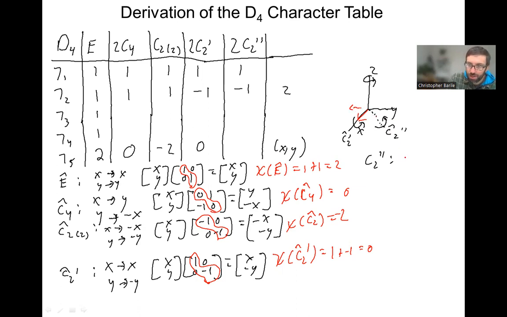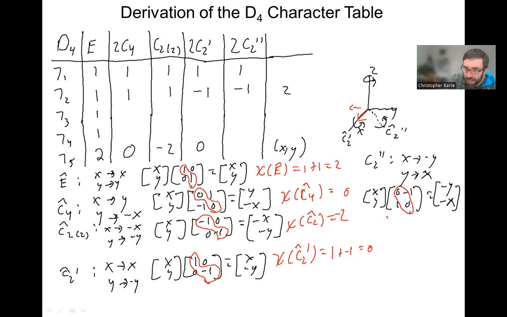So maybe a little harder to visualize that one, but x is going to go into -y, and y is similarly going to go into x. It's kind of flipping over here, right, into this. So those are both going to result in off-diagonal components here. And so you're going to get 0, -1, 1, 0. That's going to be your matrix that describes this transformation. And you sum this across the diagonal, and your chi of C2 double prime is going to be equal to 0. So we got our 2, 0, -2, 0, 0.